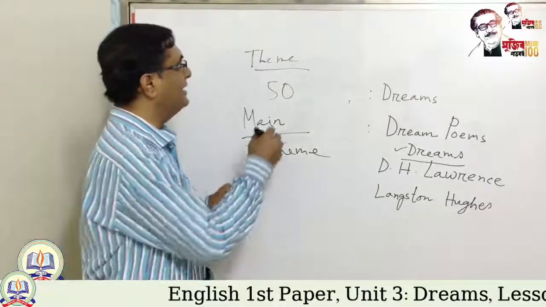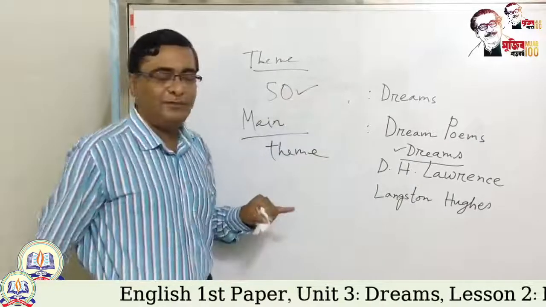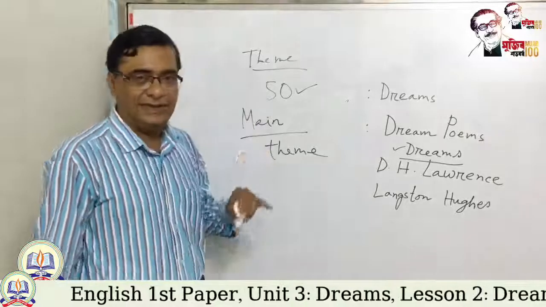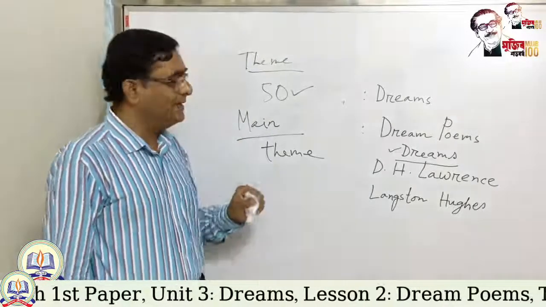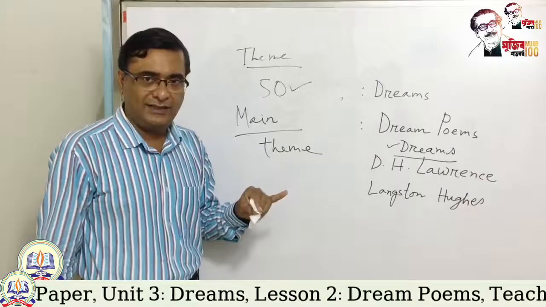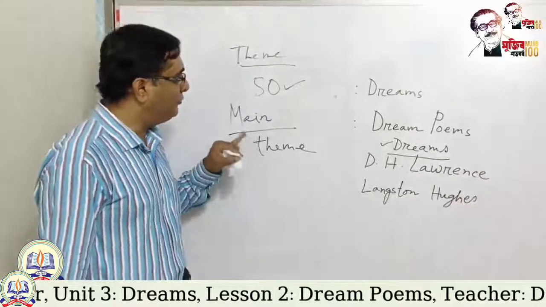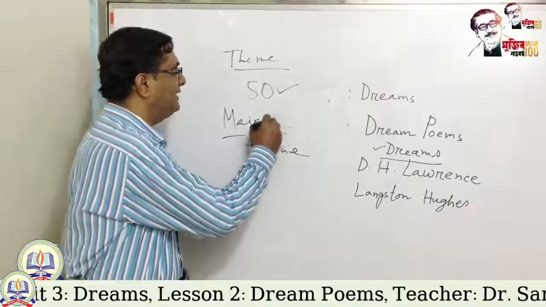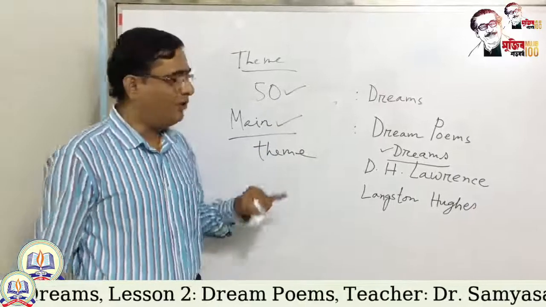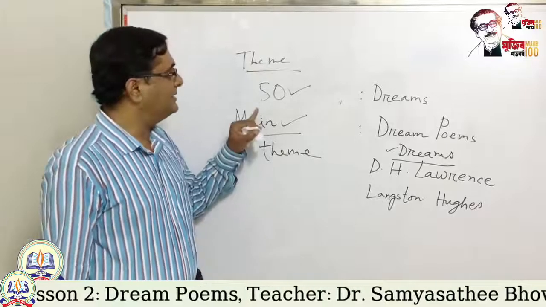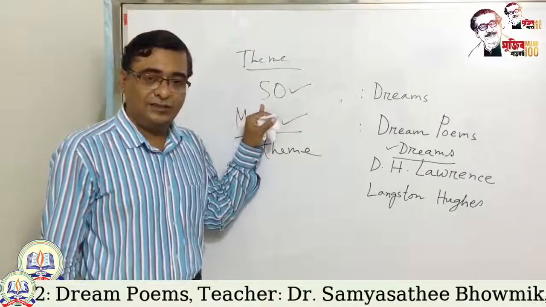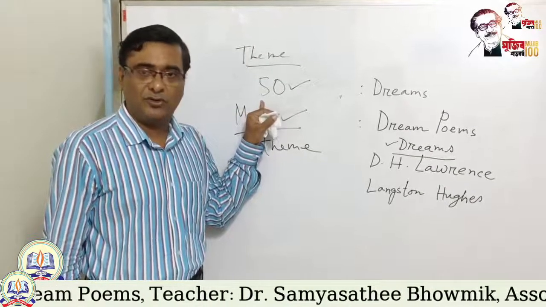So naturally, the length of theme is shorter than the length of summary. This is the basic difference: not only is the theme shorter than the summary, but the focus of theme is on the main idea of either the passage or the poem. And you should restrict yourself to within 50 words. Don't cross the limit.